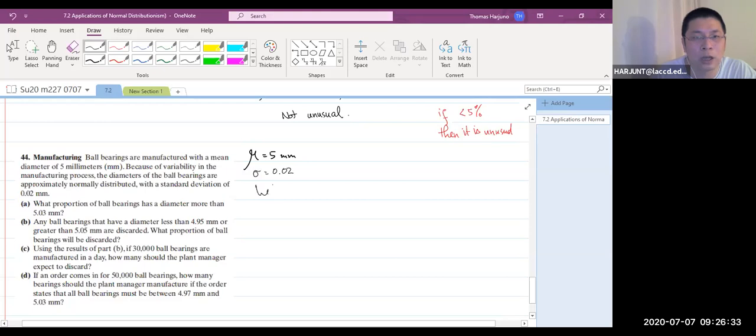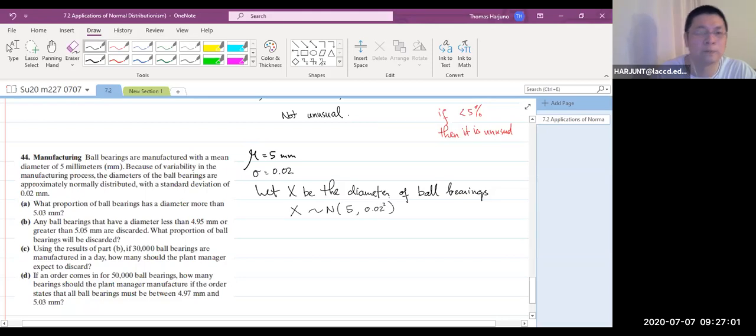So let X be the diameter of ball bearings. This X is normally distributed with mean 5 and variance 0.02 squared.